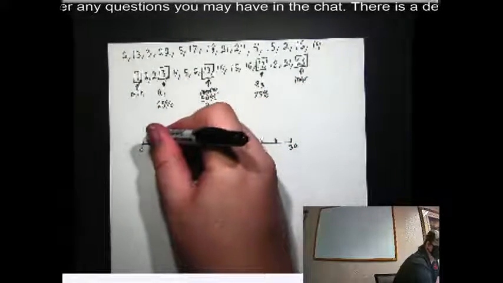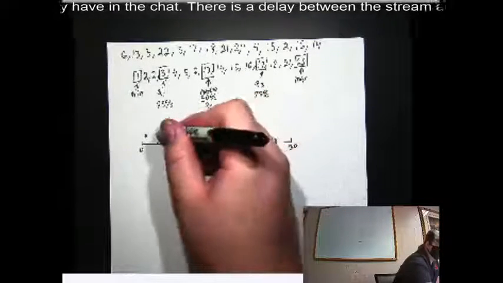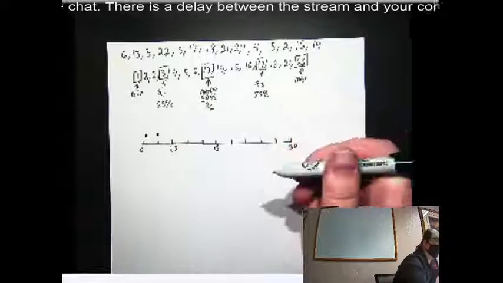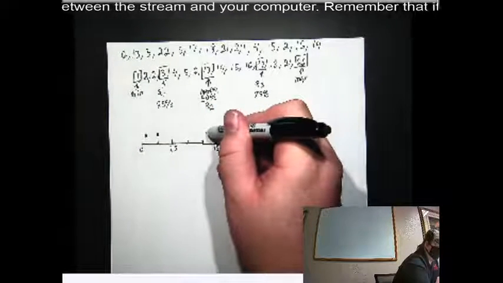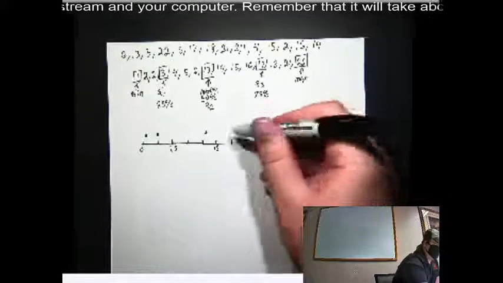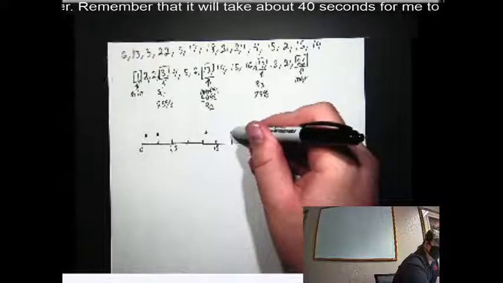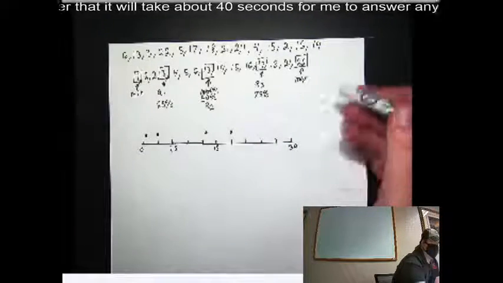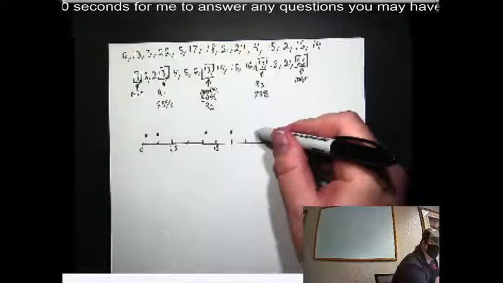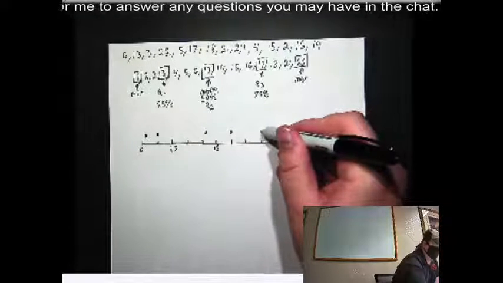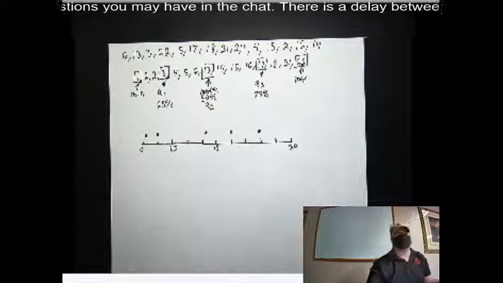So 1, it's about right there, 3, 13 is going to be over here. 17 is going to be somewhere out here. And then 22 is going to be over here. Approximate distances.